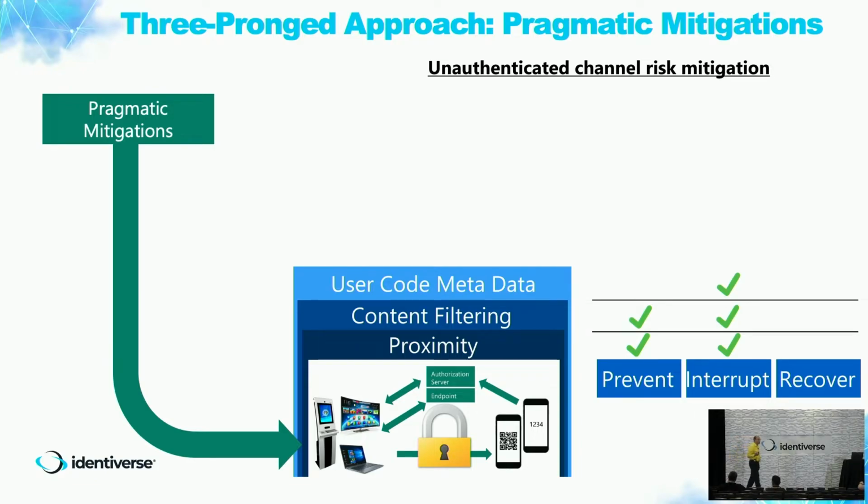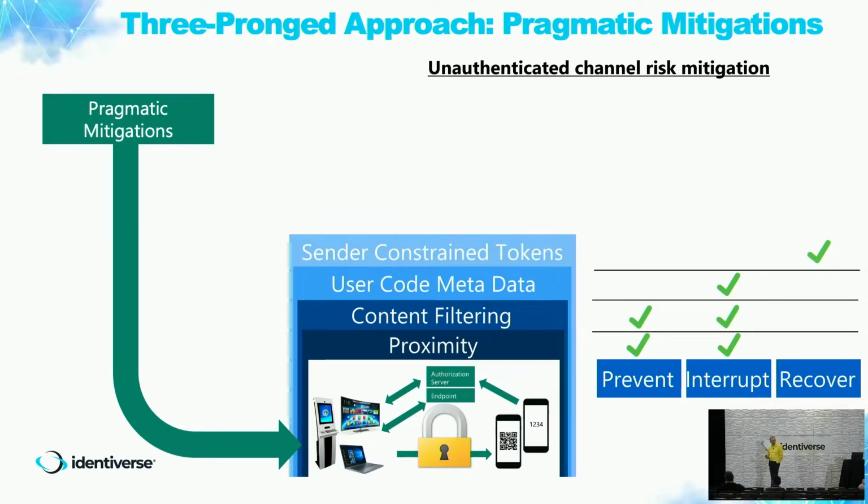Also, what metadata can we put into the user code or into the QR code? Again, location information, time constraints, right? So that these things are only valid for a short while. I talked yesterday about sender constraining tokens using DPoP. That's another mitigation that is definitely useful here, right?